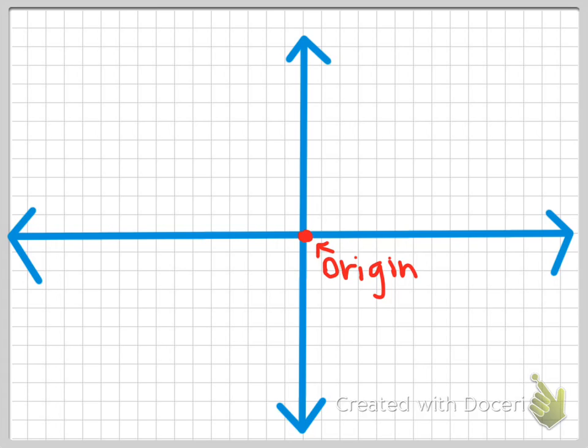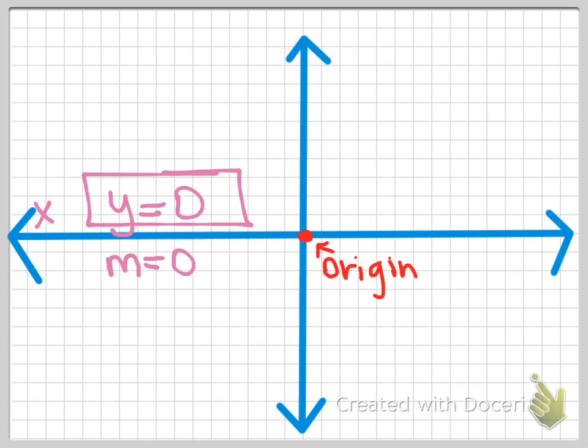So the equation of the x-axis: what axis does this cross? Well, it crosses the y-axis. And where does it cross the y-axis? At 0. Well, the slope of the x-axis is also 0 because it's flat. So here's the equation of the line, which is the x-axis, and the slope is 0.